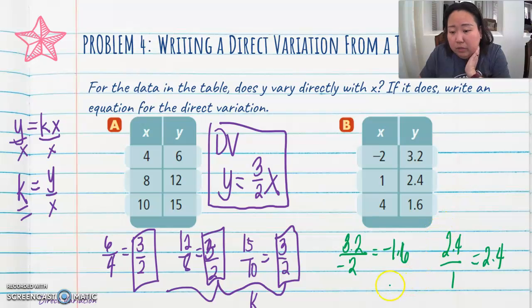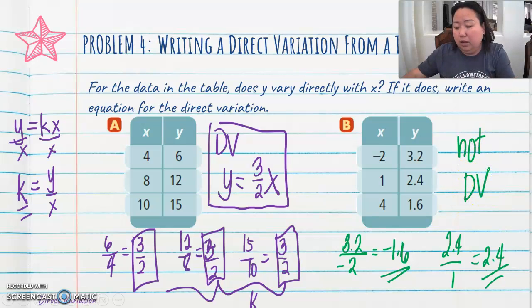You don't need to, because as you can see, the first and the second ratios are already different. And so this is not a direct variation. Okay, so remember, you can continue checking if you are getting the same value as the ratio of y and x. But once you have a different value, you can stop. You can already say, oh, this is not direct variation.